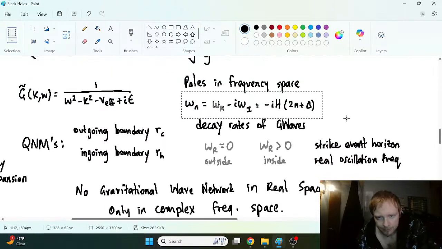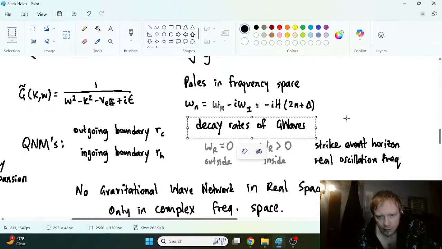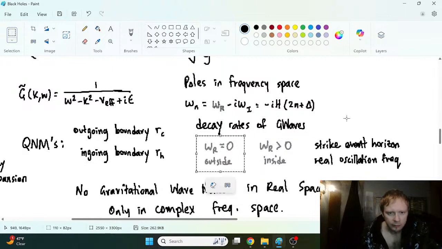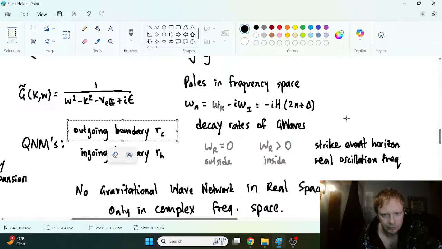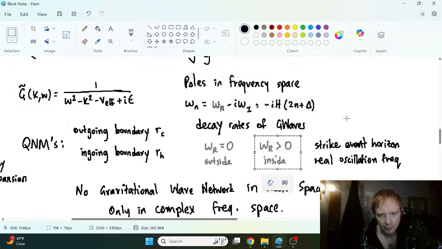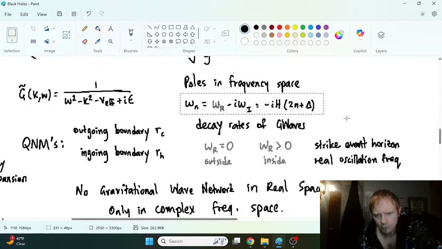Anyway, when you're outside the outgoing boundary horizon here, you don't get a real frequency. That only happens when you're going inside. But you always get an imaginary frequency everywhere, and that's what causes the decay rate of gravitational waves.